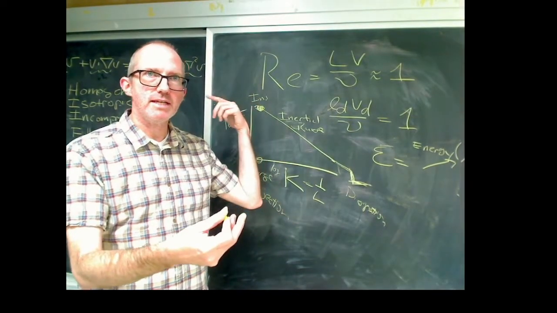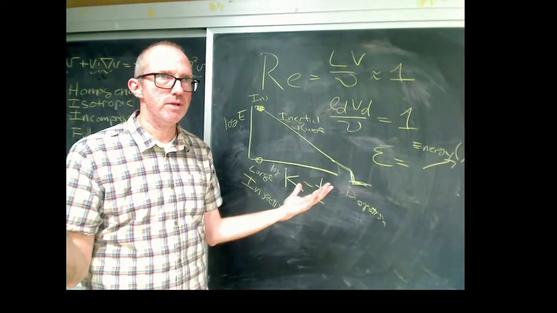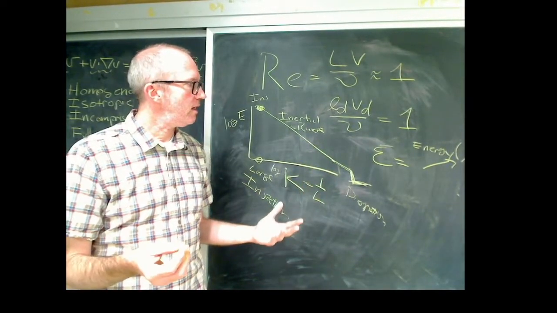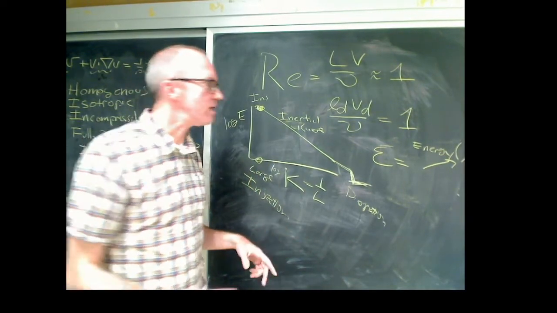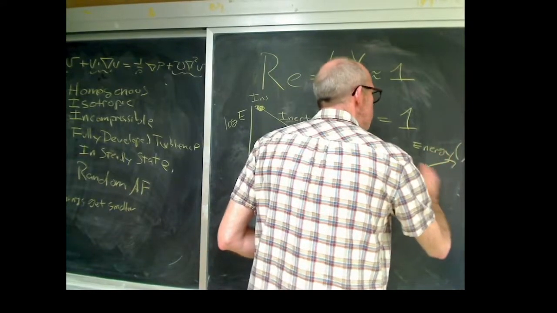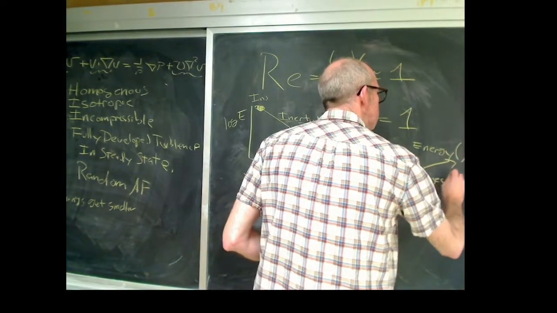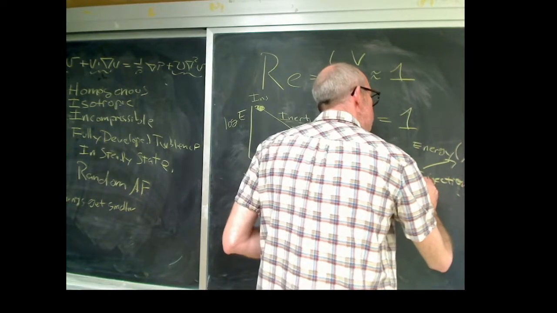So all the energy that I dump in is all the energy that gets dissipated. Otherwise, energy would build up in the system. And turbulence figures out a way to dissipate things on the right size scale. So epsilon here is going to be the energy injection rate. But because we're in steady state, it's also equal to the dissipation rate.